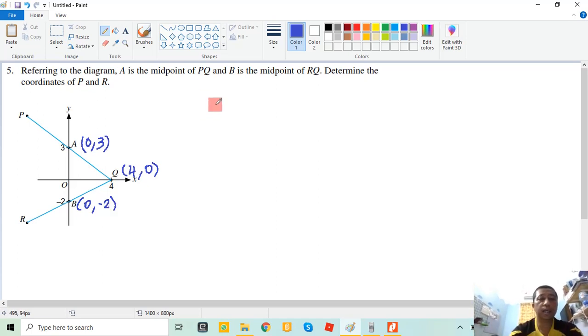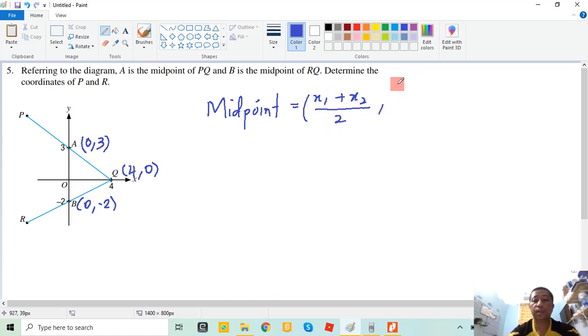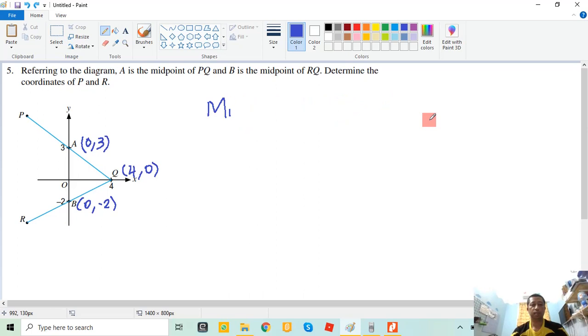Let me write here: midpoint equal to x1 plus x2 divided by 2, and then y1 plus y2 divided by 2. So this is the formula.